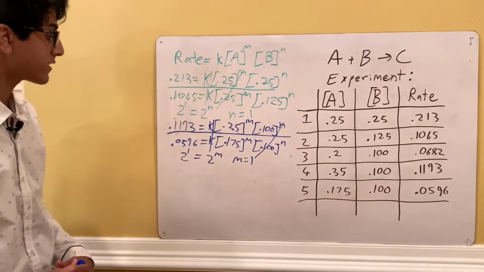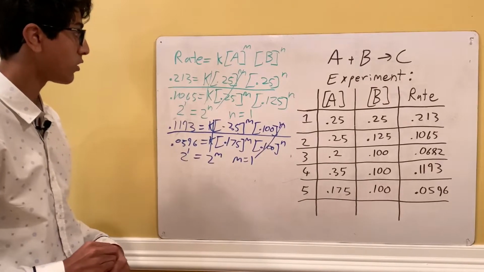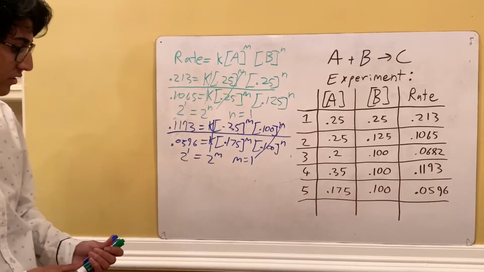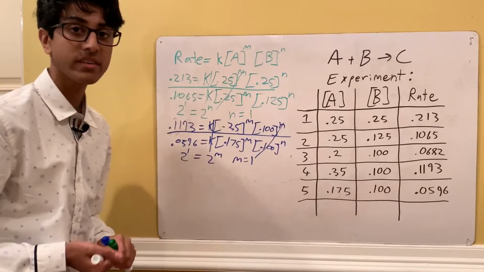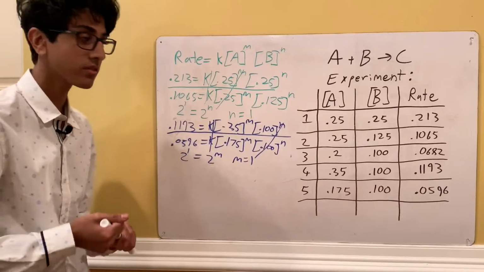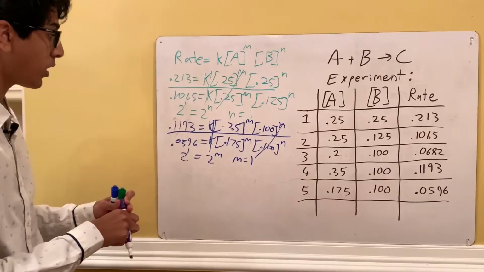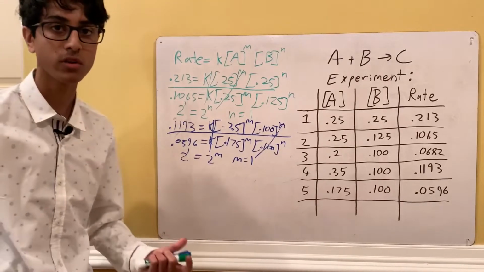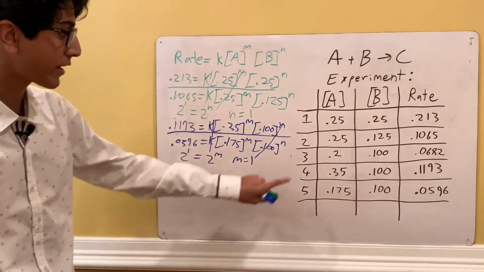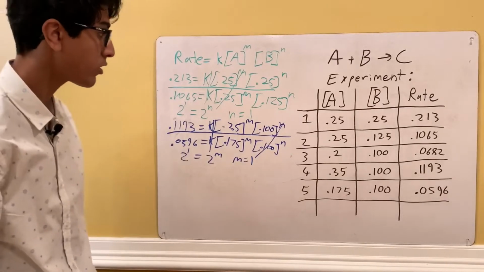And now that we got that down, let's solve for K, which is the rate constant. This is pretty easy now that you have the exponents. All you have to do is just choose one trial and plug in all of the constants. So let's just use trial 3 since that's the only one we haven't used so far.